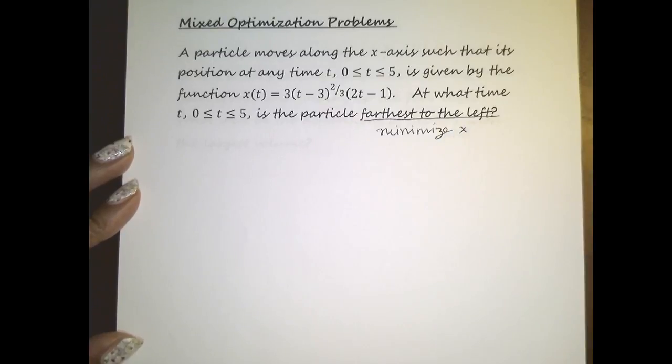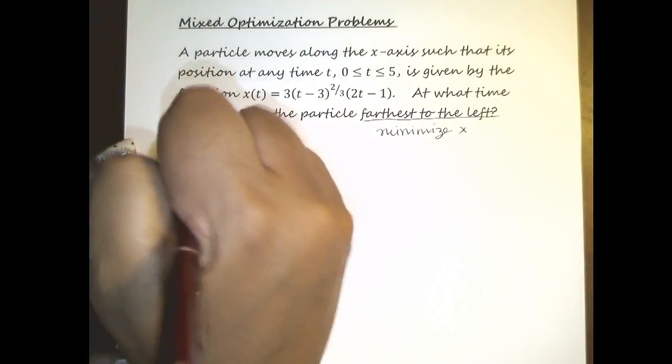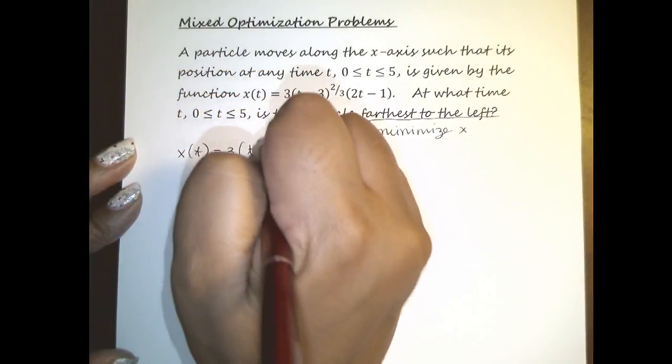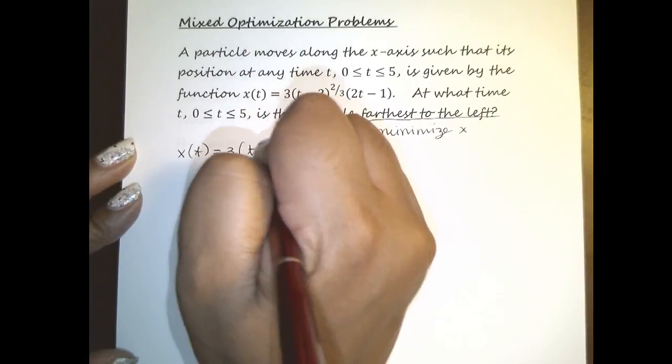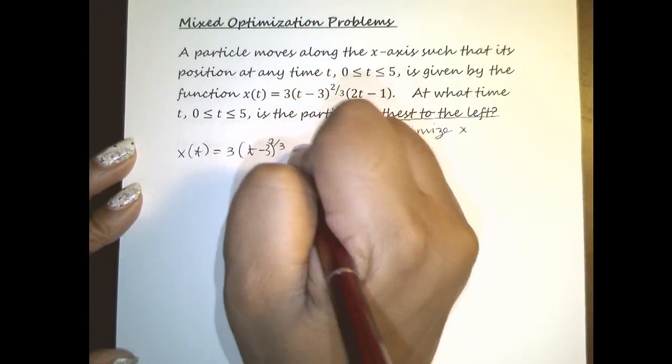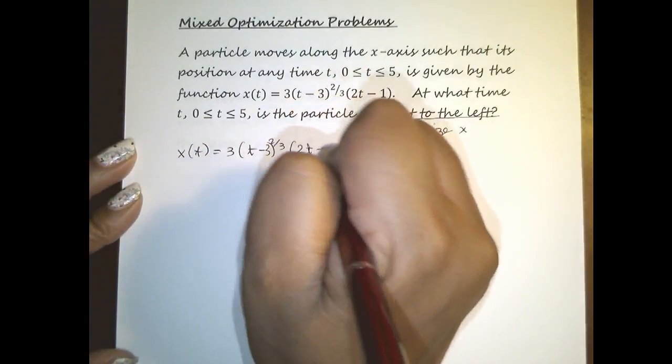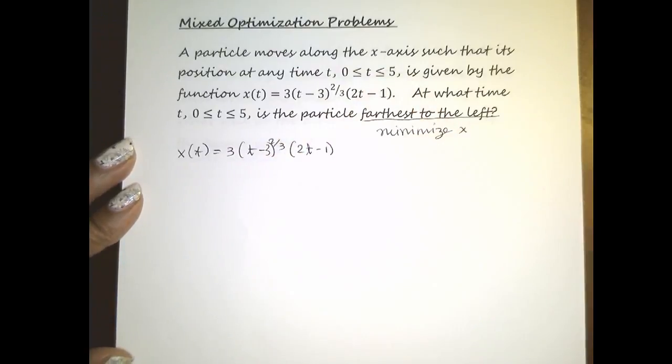I don't need a diagram here because it's just moving back and forth along a horizontal line, and I've given my optimization equation: x of t equals 3 times (t minus 3) to the 2/3 power times (2t minus 1). So I'm going to go ahead and take the steps to find the extreme value of this function.